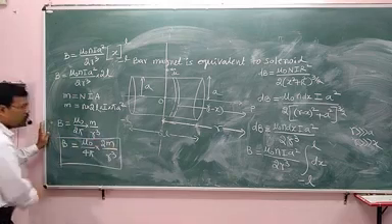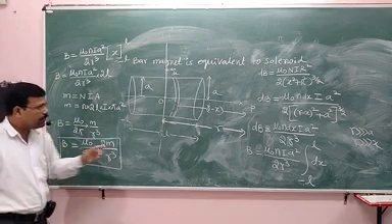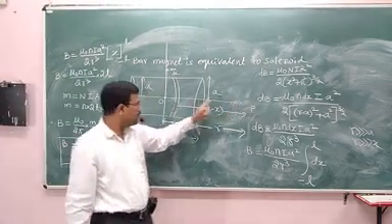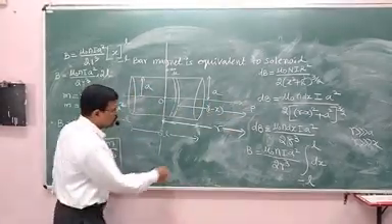What is this? This is the magnetic field produced at a point on the axis of a bar magnet.